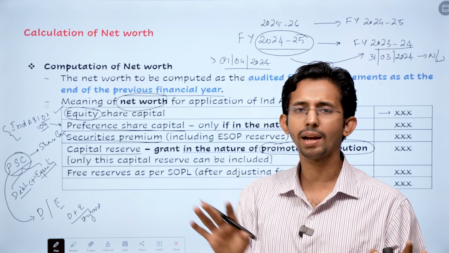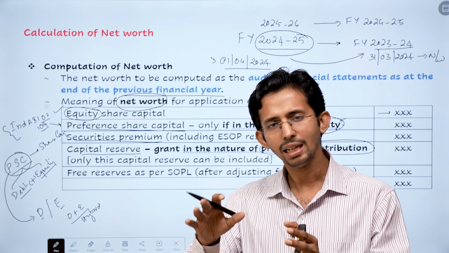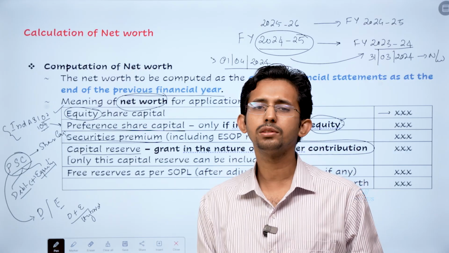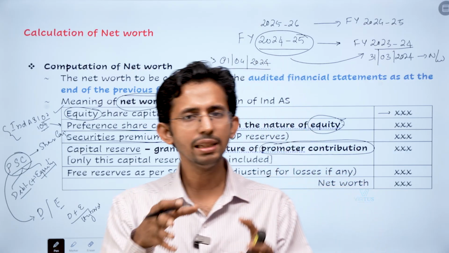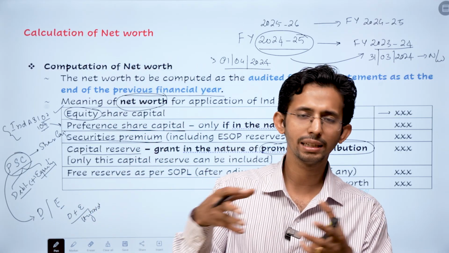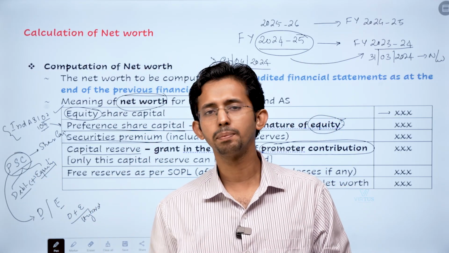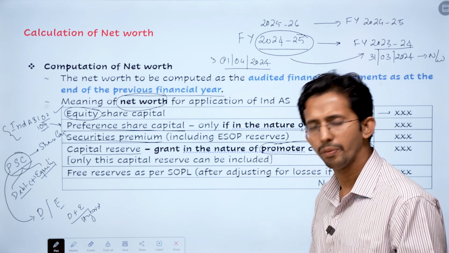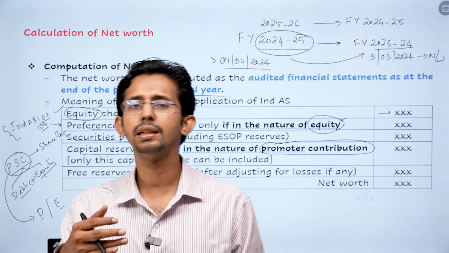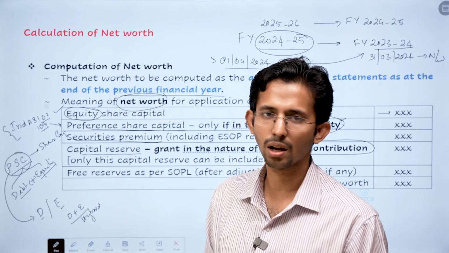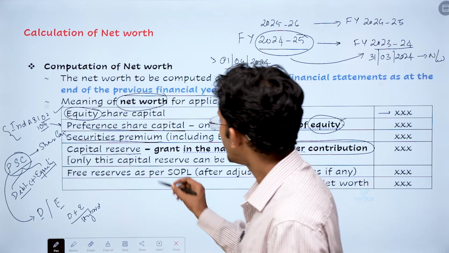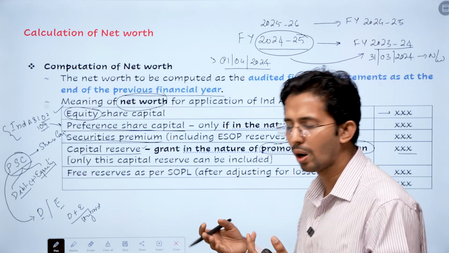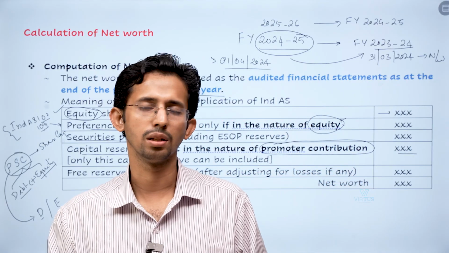We don't want any voting rights or any equity share capital, but it is towards the investment you have made. Those kinds of grants, which are specifically given towards the investment in any factory or project by the government or by a third party, are classified as grants in the nature of promoter's contribution. We will come to know about this when we deal with the specific standard on accounting for government grants. So capital reserves, only if they are in the nature of promoter's contribution, you have to consider. All other capital reserves have to be excluded, no other way.